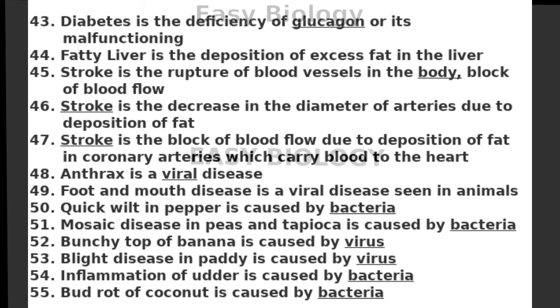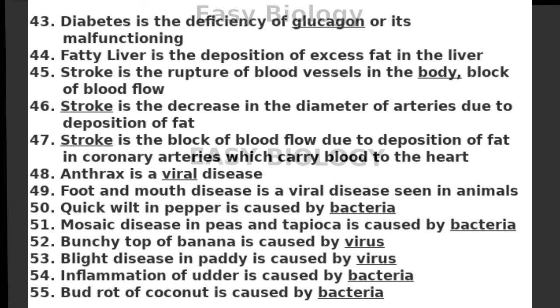The correct answer is quick wilt in pepper is caused by fungus. Question number 51. Mosaic disease in peas and tapioca is caused by bacteria. Here the underlined portion is bacteria and it is a wrong statement. The correct answer is mosaic disease in peas and tapioca is caused by virus.